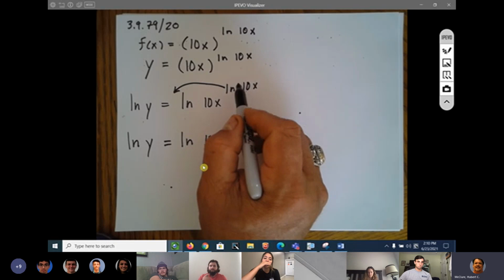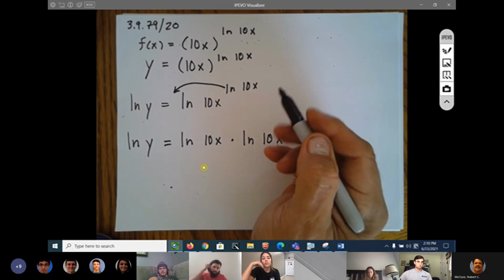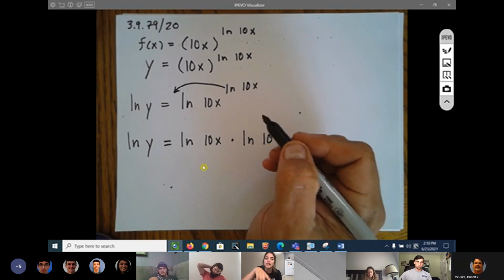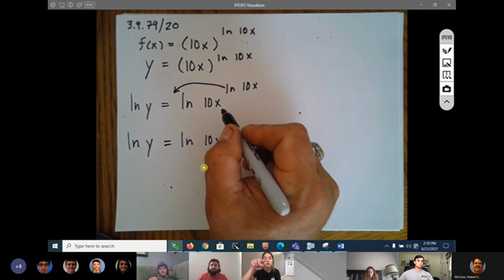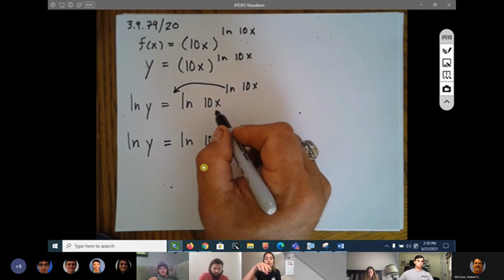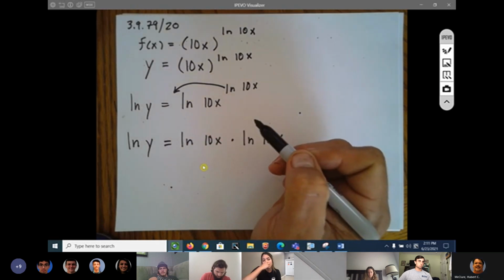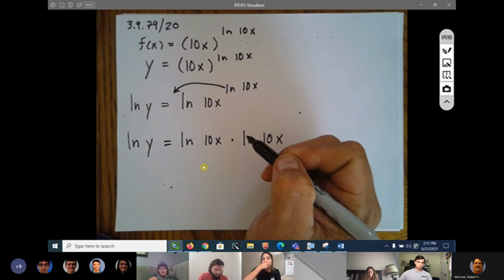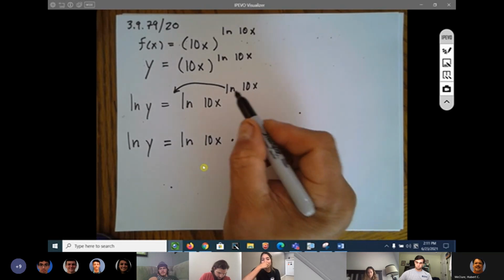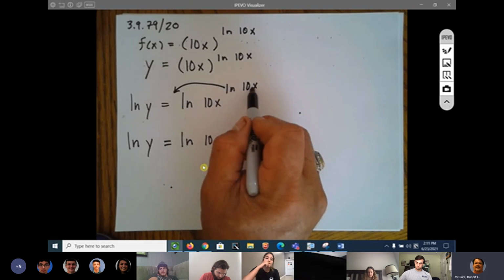Well, aren't they both? Because natural log, its base is e. So it's log base e of 10x. Natural log is log to the base e. I know what you're talking about, but no, you cannot do that with the natural log here.